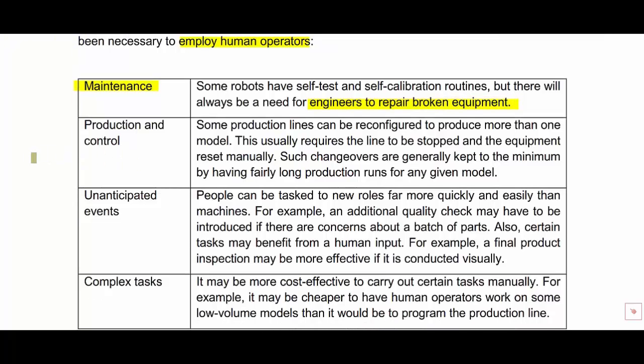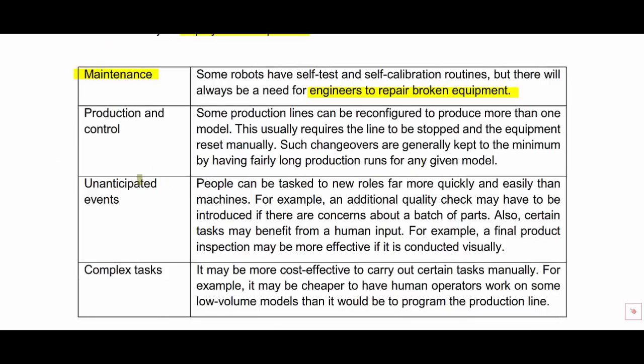Production and control. Production lines can be reconfigured to produce more than one model, and that usually requires the line to be stopped and equipment reset manually. So this would be retooling. We're going to come up against that a little bit later on. That's quite a significant cost. Ideally, they're kept to a minimum by having longer production runs. Unanticipated events as well.